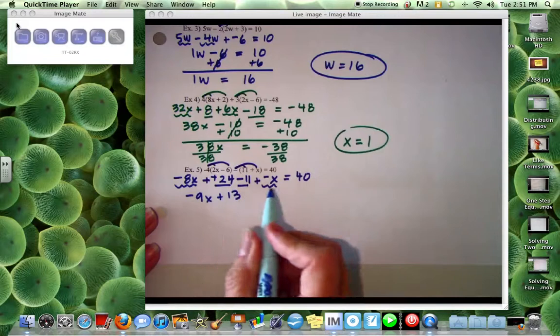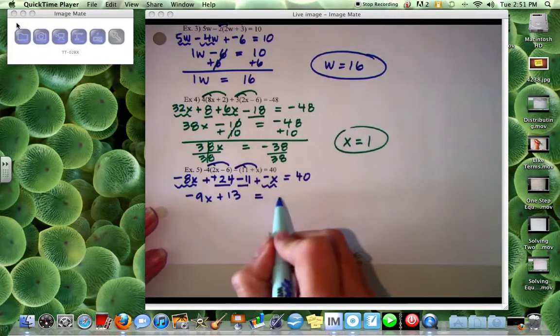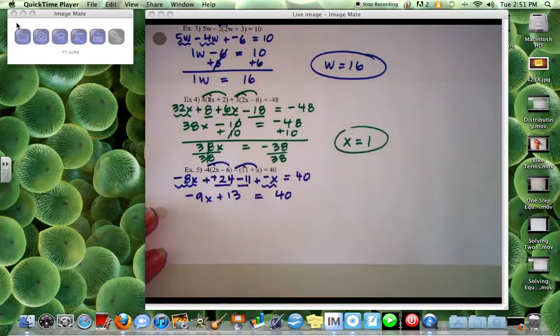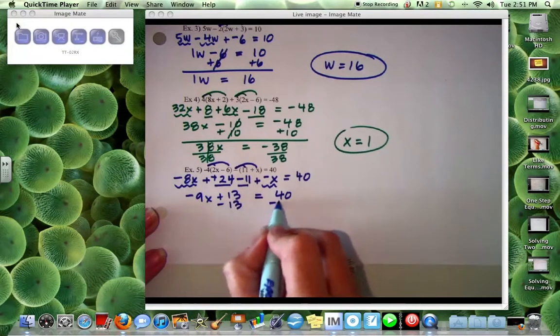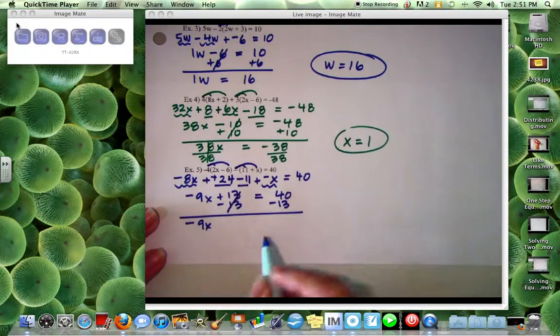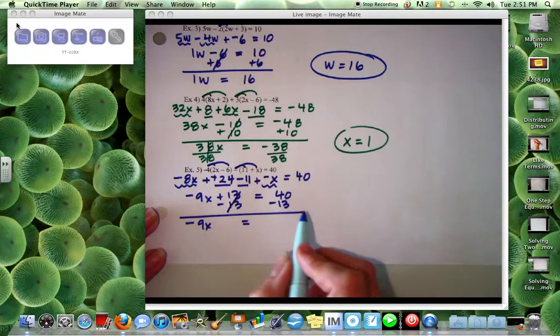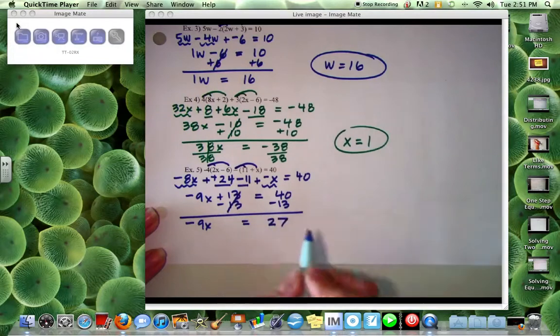I've taken care of all the like terms on the left-hand side. Bring down the equal sign, 40. Now I have a two-step equation. I'm going to subtract 13 from both sides. I have negative 9x, the 13's cancel, equals 40 minus 13, which is 27.